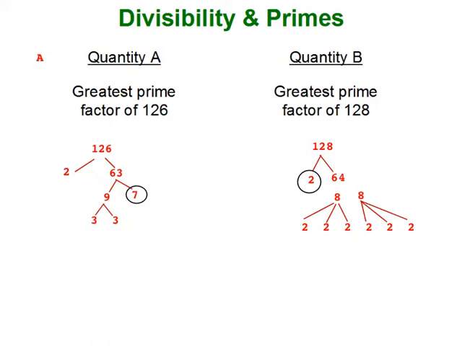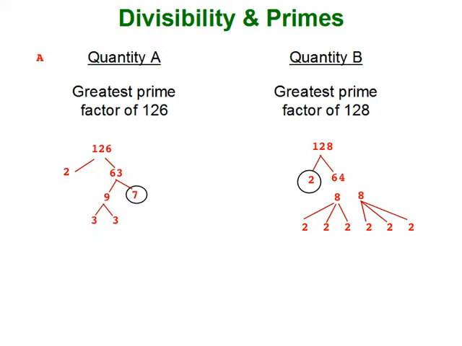Therefore, if the number 126 has anything in it other than a 2, it's going to have a bigger prime factor in it than 128. So you might be able to recognize that very quickly and immediately recognize that 126 has a 3 in it, for example. Therefore, the answer would automatically be A.